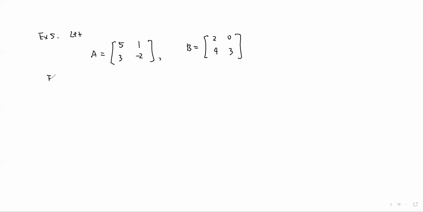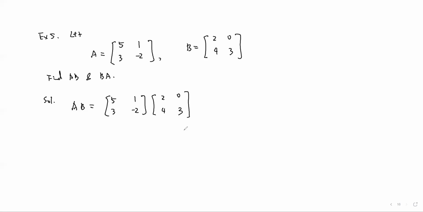Now find A times B and B times A. Solution. A times B. 2 by 2 times 2 by 2. Cancel the middle 2. So the result is still 2 by 2.